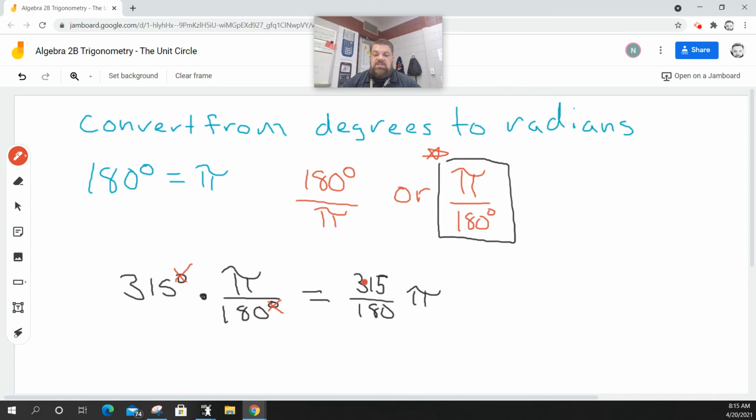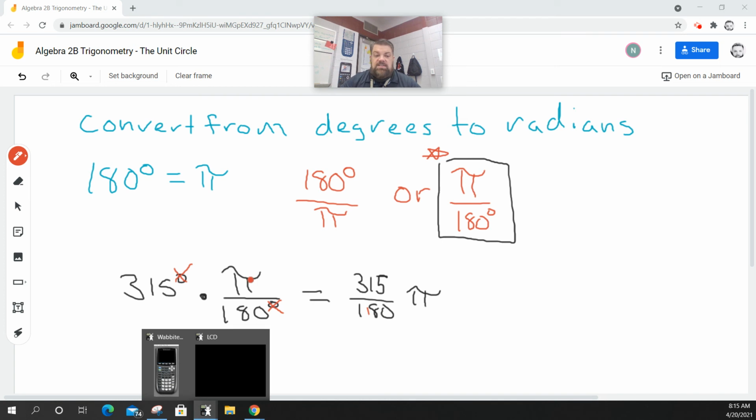So now what I got to do is I just got to simplify this fraction. There's a little trick. Most of the time, this will be divisible by either 30, 15, 60, or 45. I think 45 goes into both of them.